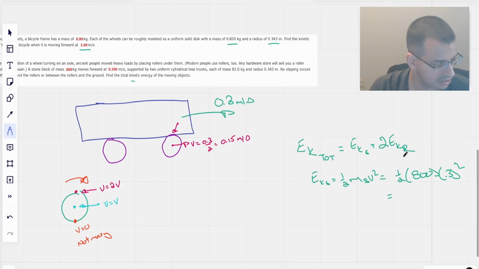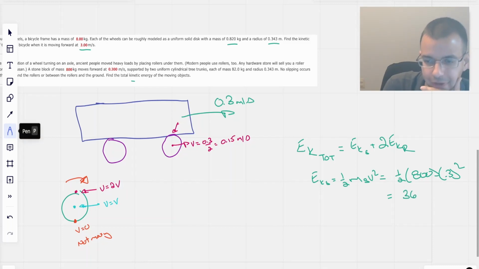So, back to our calculator, 0.5 times 800 times 0.3 squared gives 36 again? Weird. Did not see that coming.